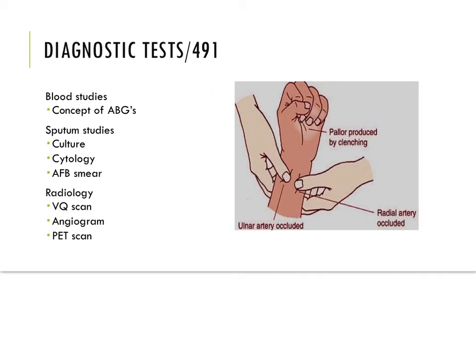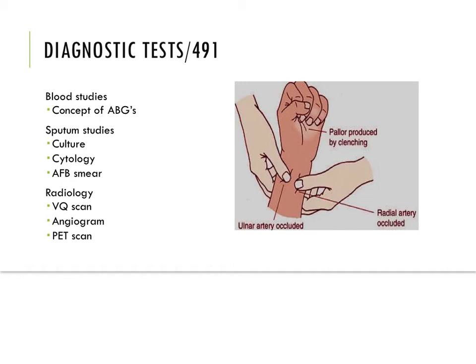diagnostics start on page 491. Just a reminder, there is a YouTube video posted on the concepts of ABGs, and you guys want to watch this. It tells you how ABGs are collected, and it also goes over the basic interpretation of ABGs. The top of page 491, you guys should be familiar with those studies.